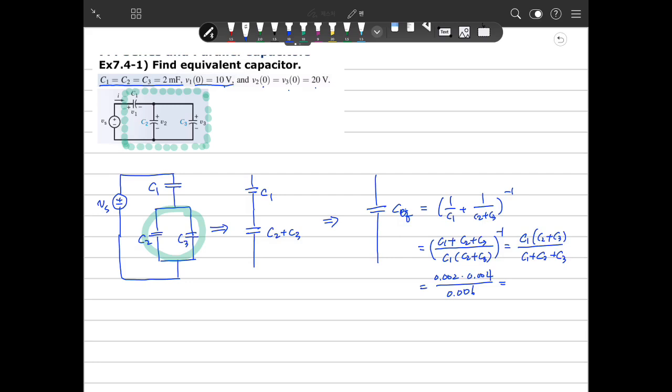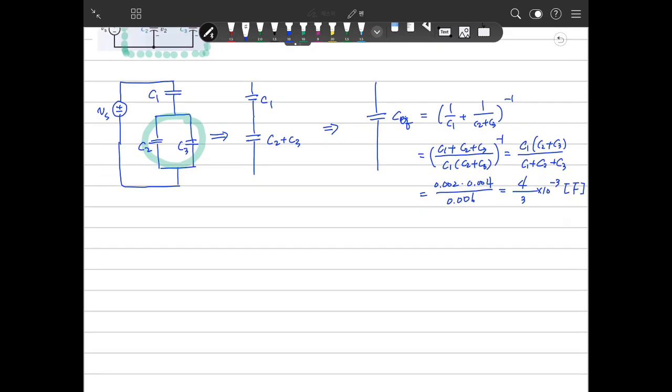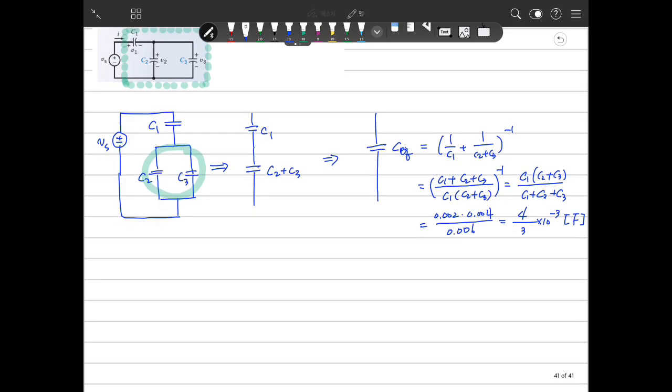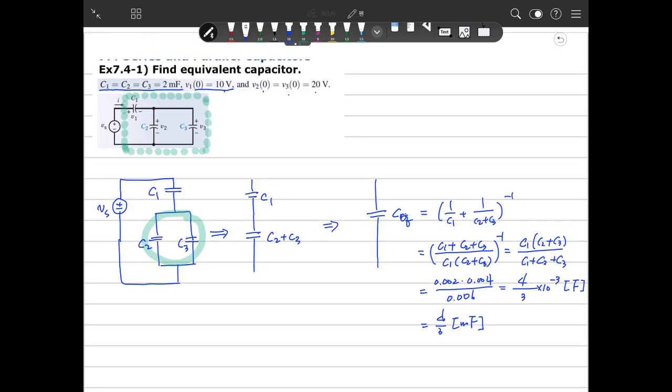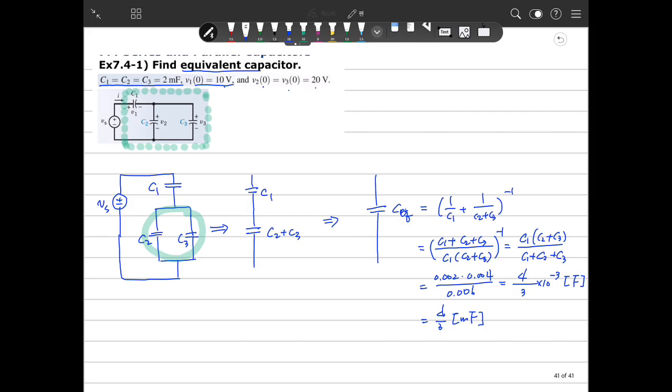So our CEQ will be 4/3 millifarad. Actually, in this problem the voltage value is not important, because we just want to know the equivalent capacitor of this circuit.